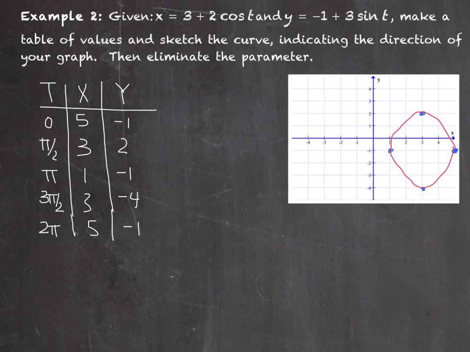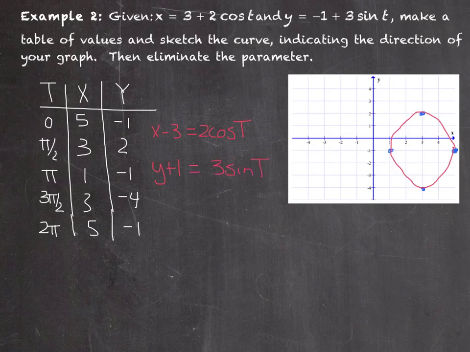So for the x equation, we're going to subtract 3 from both sides. It's going to be x minus 3 is equal to 2 cosine of t. And then we have y plus 1 is equal to 3 sine of t.